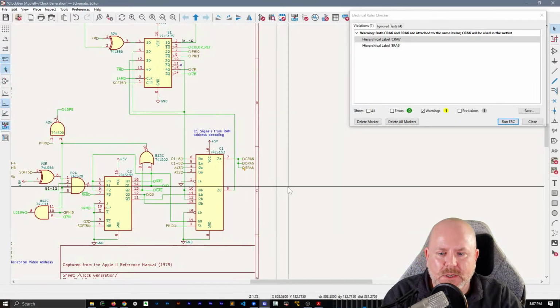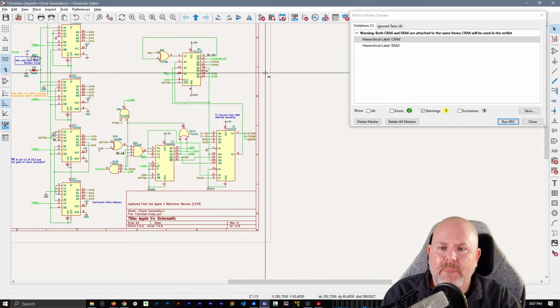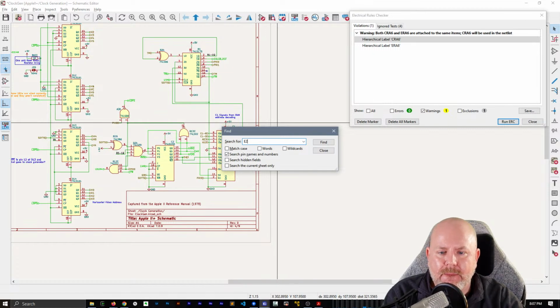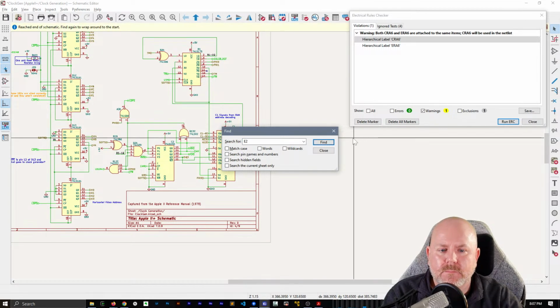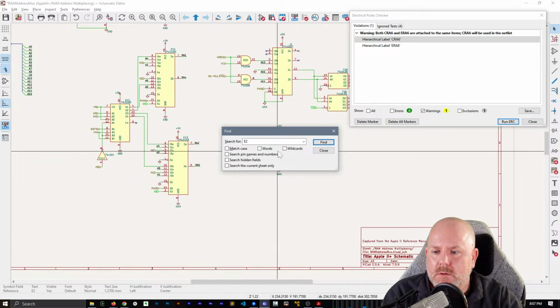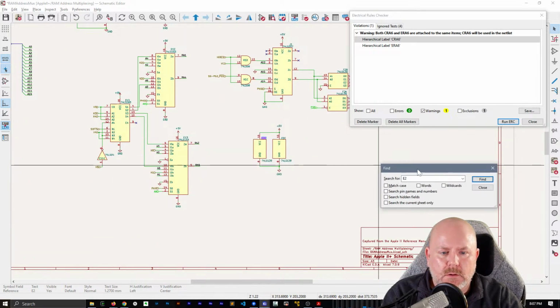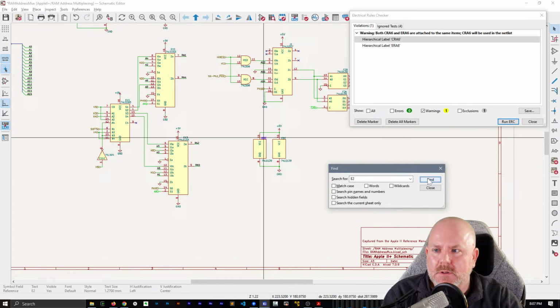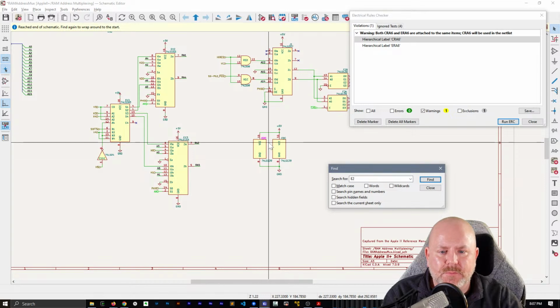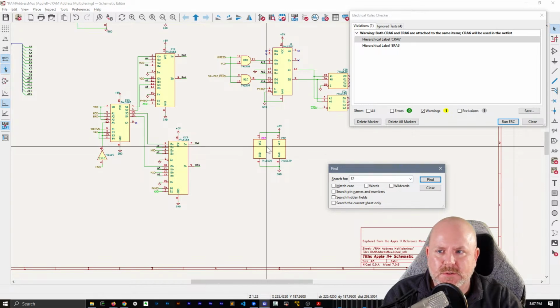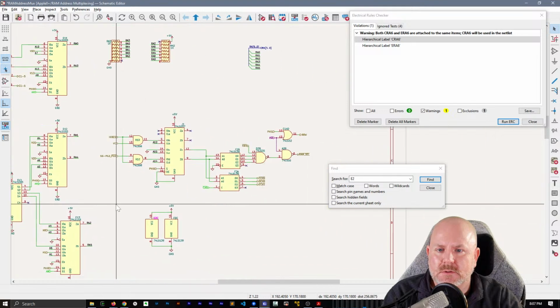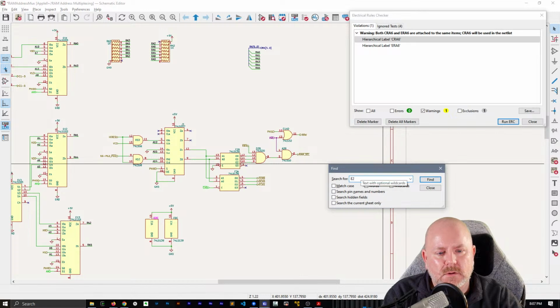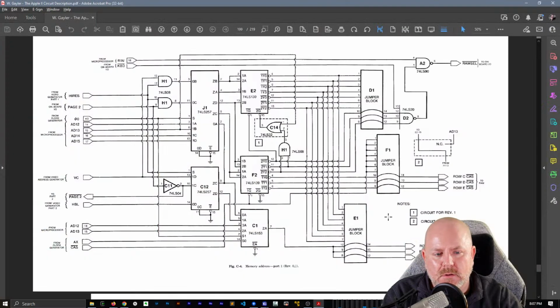Huh. Where's E2 at? Well, that can't be E2. Oh, it's the power for E2. Well, wait a minute. How can there be the power block for E2, but there's no chip called E2? What?